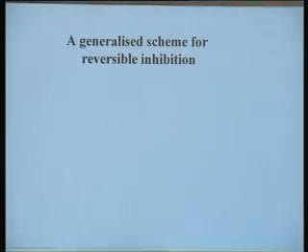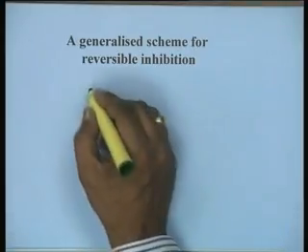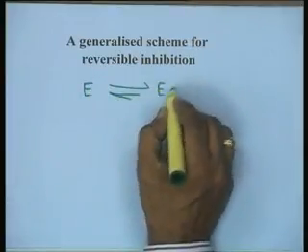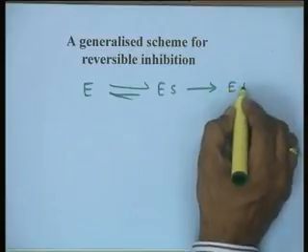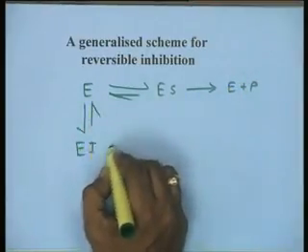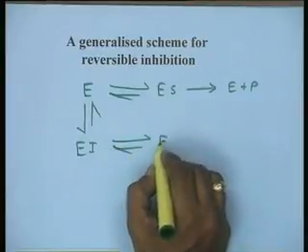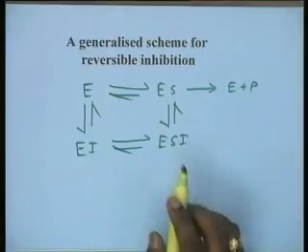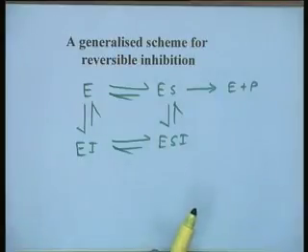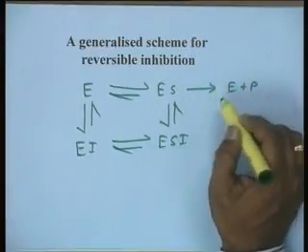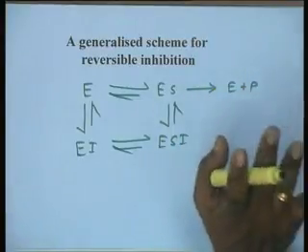If we look at a very generalized scheme of inhibition patterns, let us say enzyme going to enzyme substrate complex going to E plus P, then enzyme also reacting to form EI, and ESI. Of course, we are not concerned here with the irreversible step, because that determines the rate of the reaction.